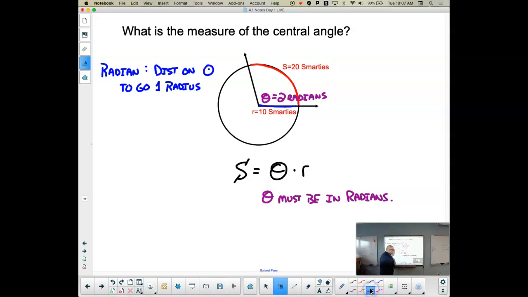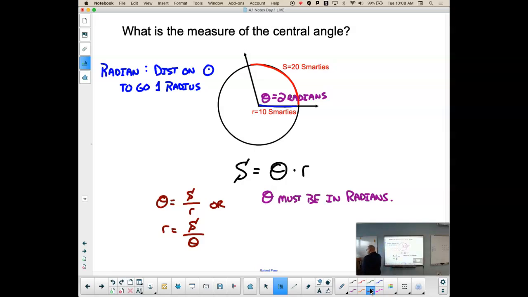Then we can offshoot that formula. So we have arc length equals theta times r, or theta is equal to arc length divided by the radius, or we have the radius is the arc length divided by theta, depending on what we're solving for in that particular problem.